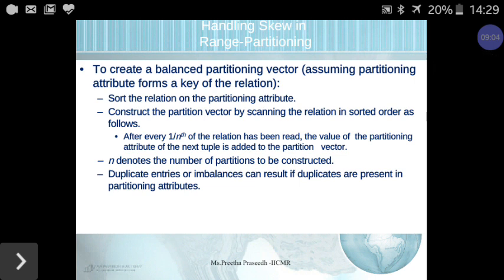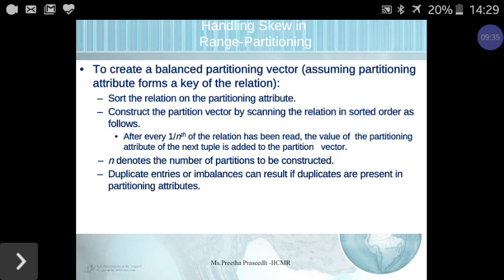Now, handling of the skew. There are two methods for handling skew in range partitioning. The first is to read every 1 by nth tuple of the relation, where n is the number of disks available for storing the data. For example, if I have 10 disks and I read the 10th tuple, and then go to the 11th tuple, the value of the partitioning attribute is again added into the partition vector.